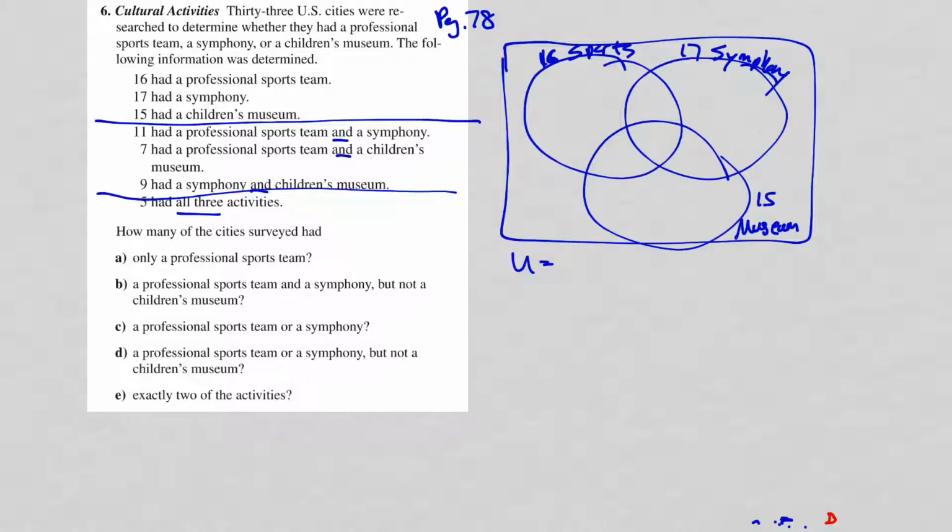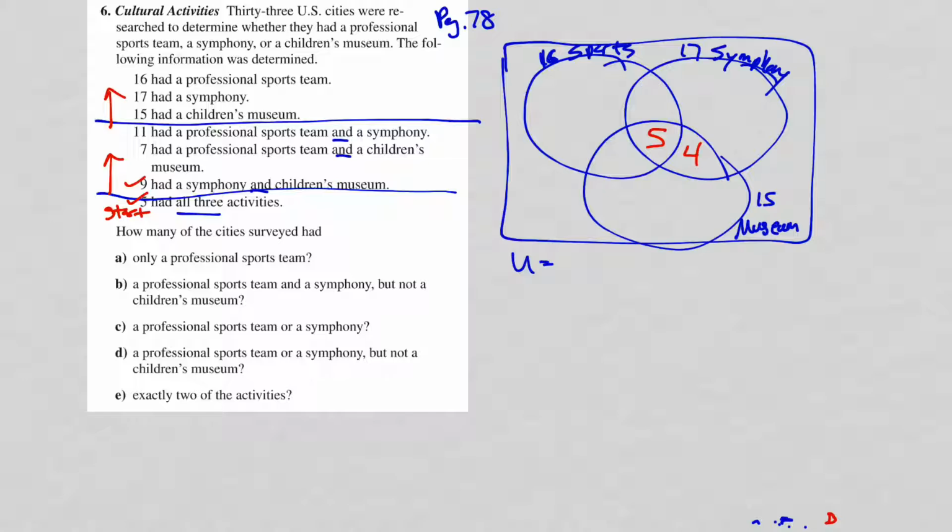So we're going to start here. So 5 goes here. Then the 9, we can just go straight up. So I'm going to do 9, Symphony and Children's Museum. That's the right pedal. So to have 9 total, I need a 4 right there. And so we took care of that one. I'm going to check this off as we go up. 7 is the pedal for sports and museum.